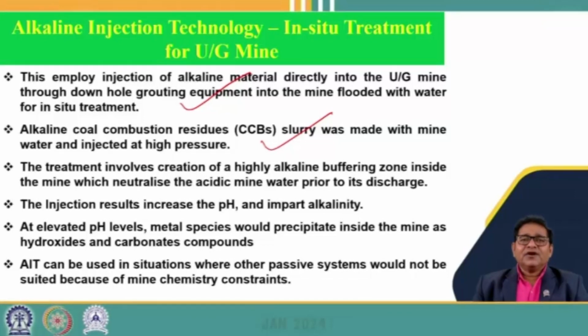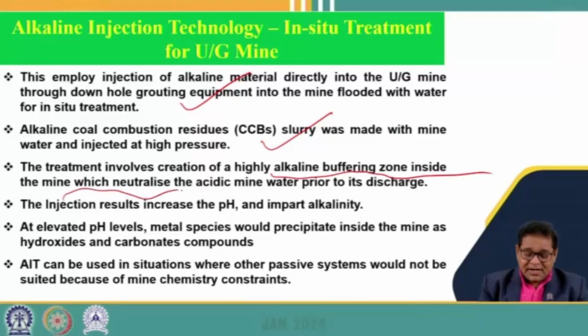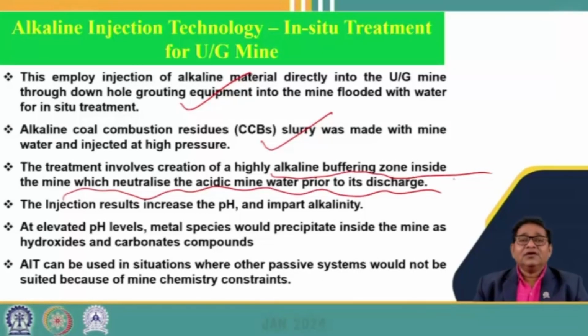The treatment involves the creation of a highly alkaline buffering zone inside the mines, which slowly neutralizes the acid mine drainage water prior to its discharge onto the surface. These injection wells result in an increase in pH and impart alkalinity.